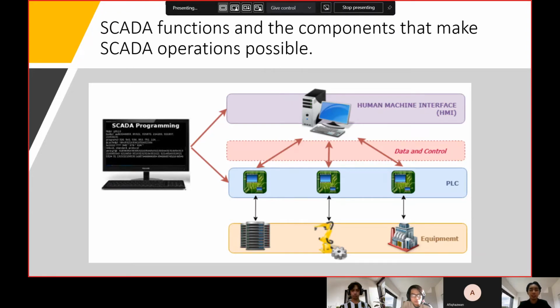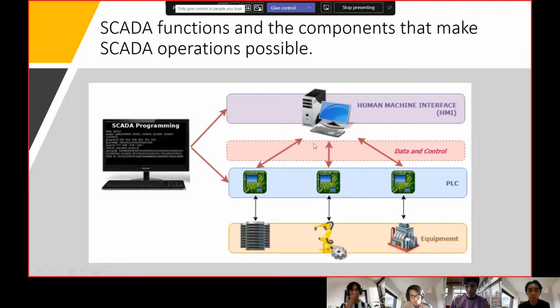The slide shows us the SCADA functions and the components that make SCADA operations possible. We have the PC that shows the SCADA programming, and inside the PC we have the HMI, the human machine interface.